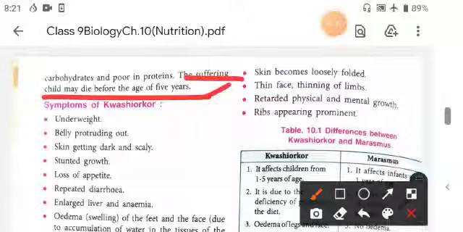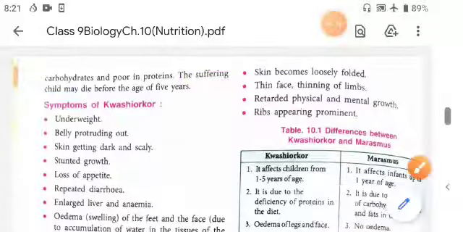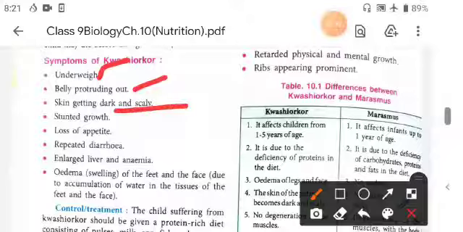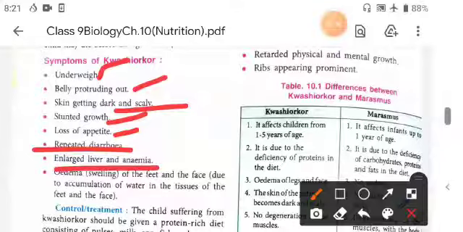Now what are the symptoms of Kwashiorkor? The symptoms are underweight, belly protruding, that means the stomach will come outside, and skin getting dark and scaly, stunted growth and loss of appetite, repeated diarrhea in such a child, enlarged liver, and anemia is also there.